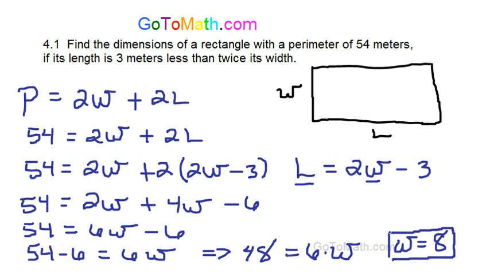Now to find what L is equal to, we just come over here. 2 times 8 minus 3. So L is going to be equal to 16 minus 3, which is 13.